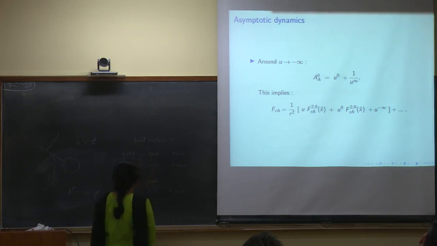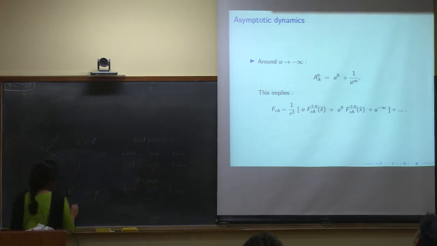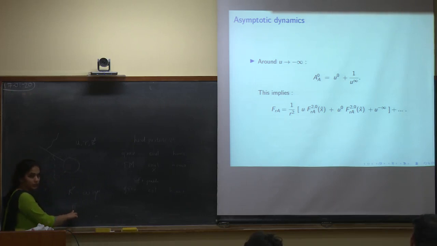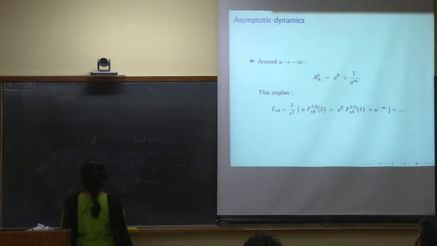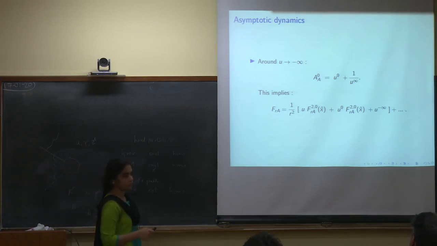If you have a 1 over omega term, like if this is the energy expression, then a 1 over omega term is related to this u to the power 0 term. Similarly, if your next term is omega to the power 0, then it tells you that there are no power fall-offs in u.